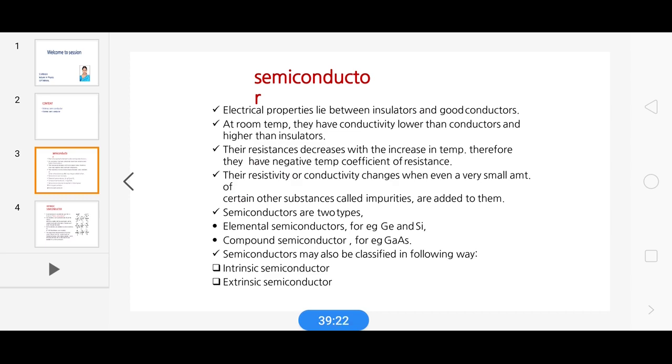So there is a classification of semiconductors: elementary semiconductors and compound semiconductors, and they may also be classified into two other types based on the type of impurity atom added, that is, intrinsic and extrinsic semiconductors.